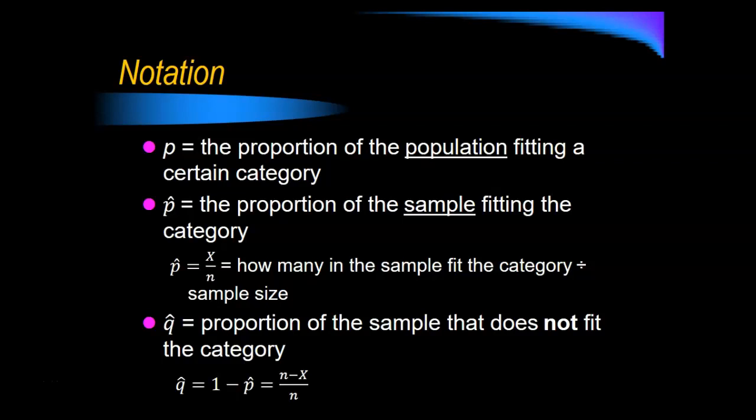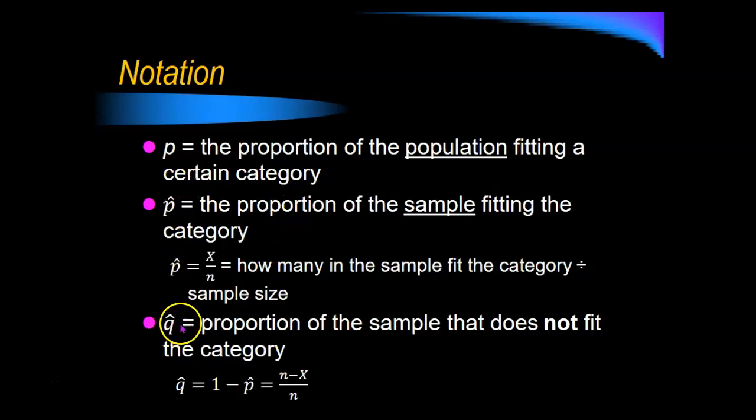So if you took a survey and asked 100 people whether they prefer Coke to Pepsi, p-hat would be the proportion of the people in your survey who fit that category. And that's going to be the actual number in your survey that fit that category, divided by how many people you surveyed altogether, the sample size.